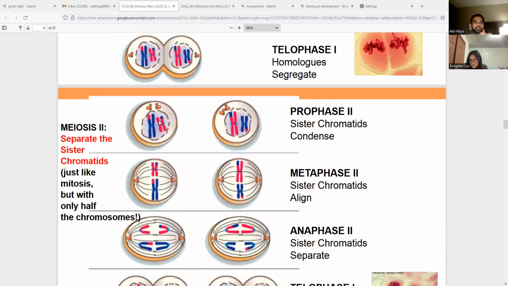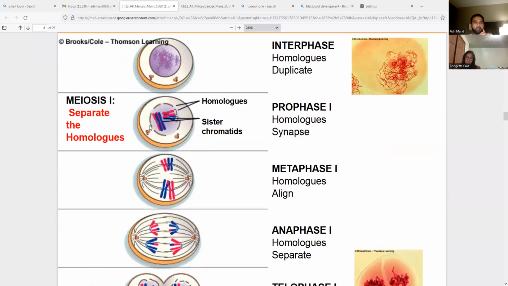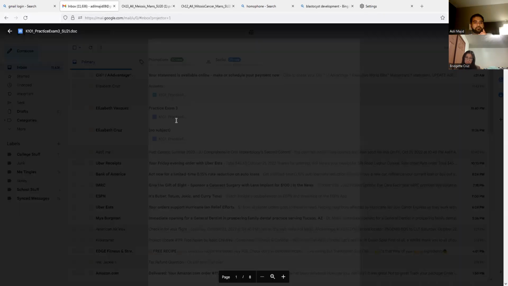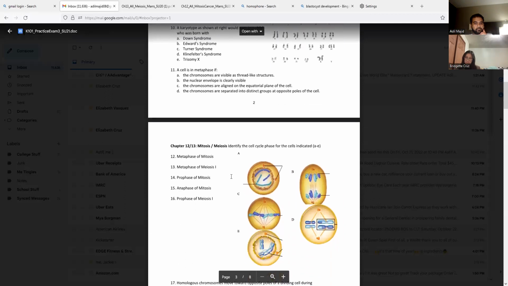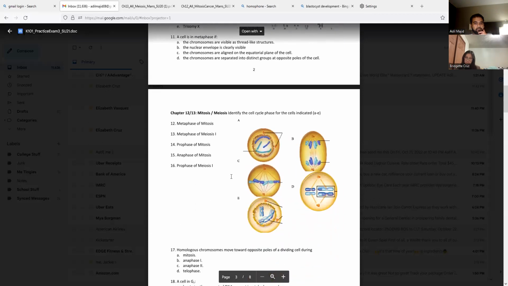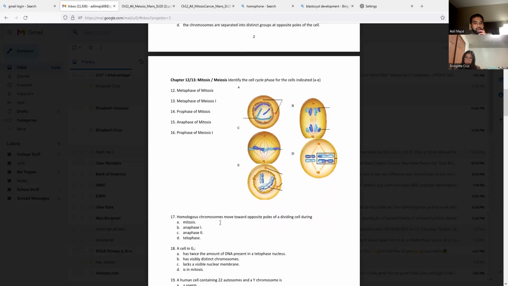Then there was a question on that practice exam. It says homologous chromosomes move toward opposite poles of a dividing cell during what phase? So okay, when do things move towards opposite poles?